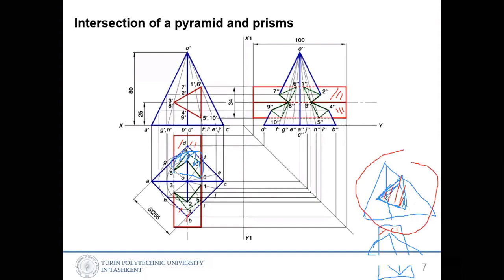Every edge of the prism base is exactly as is, not looking at us with an angle. That's why we select this view, and on that view we make points. Here are the corner points, another corner point, another corner point.